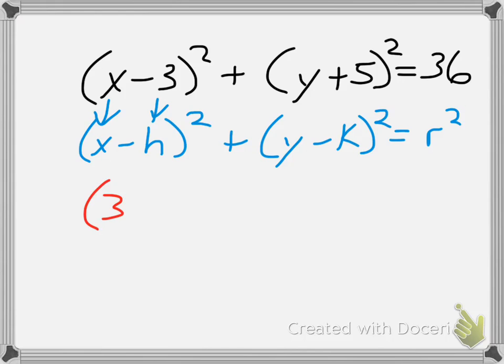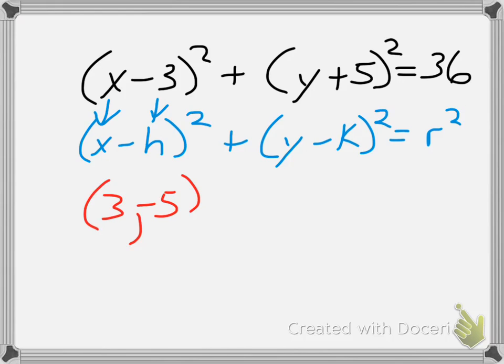Now you notice over here for the y, because both x and y in the standard form are minuses, subtraction, it has kind of an opposite effect on things. In other words, since it's positive 5 here, y plus 5, that translates to a negative 5 as the center of the circle.